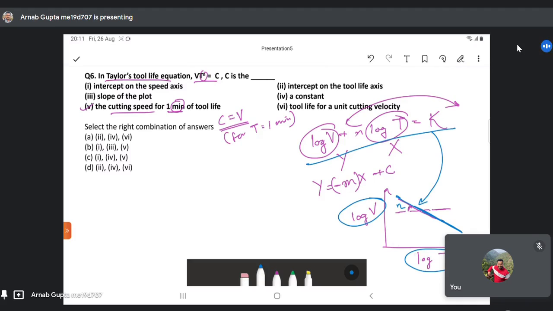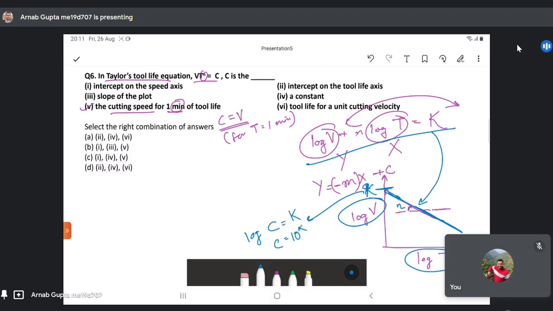So at log t equal to 0, this y intercept is nothing but your c here, or sorry, it is k. How will you calculate c? Basically log c is equal to k, 10 power k.